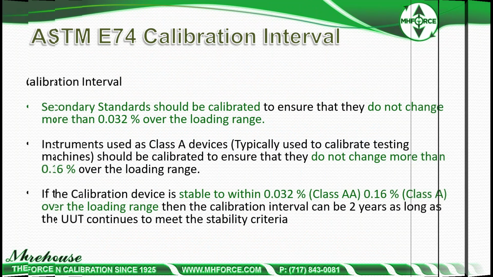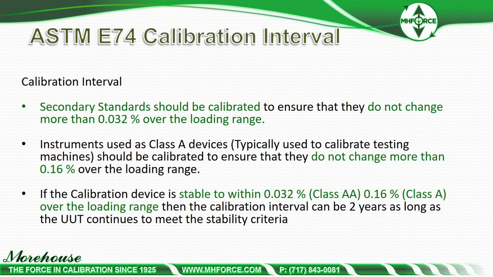If we're looking at ASTM, some people are interested in this standard. The calibration interval is fairly well defined. Secondary standards should be calibrated to ensure that they do not change more than 0.032% over the loading range. The instruments used for Class A devices should not change more than 0.16% over the loading range.